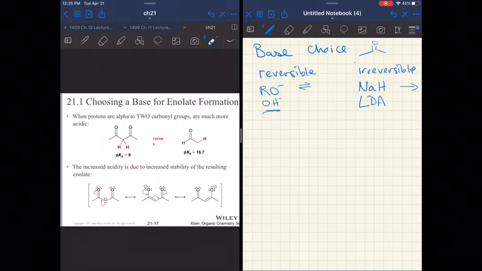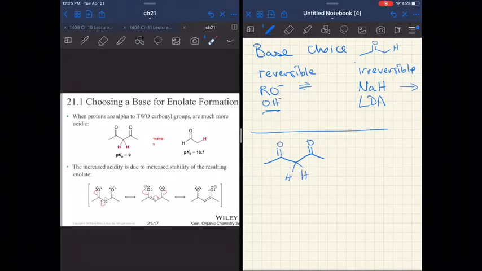This is primarily what we're talking about here: an alpha proton to some sort of carbonyl. There are special cases, there's always special cases, right? Where you have an even more acidic proton. Let's not call them super acidic, but these are more acidic than the alpha protons that we showed up here. And it's because there's double resonance, right?